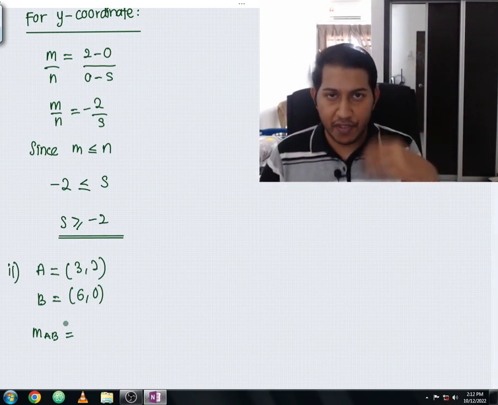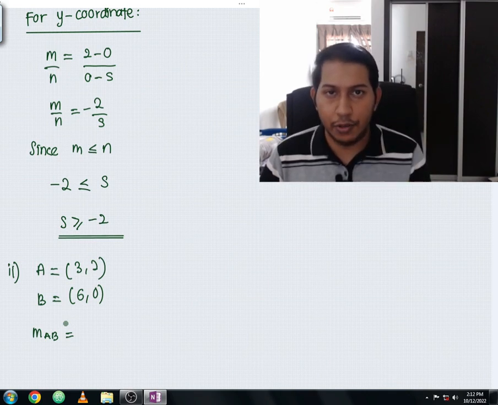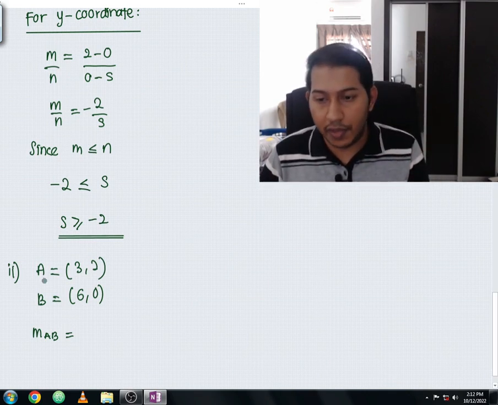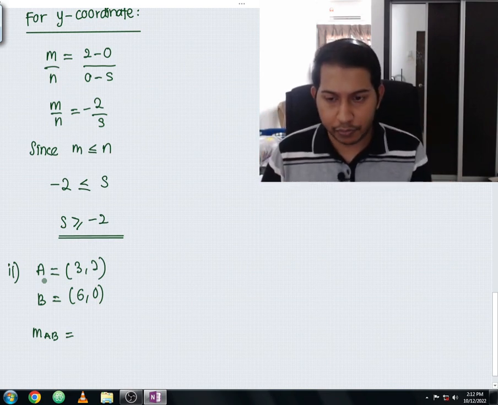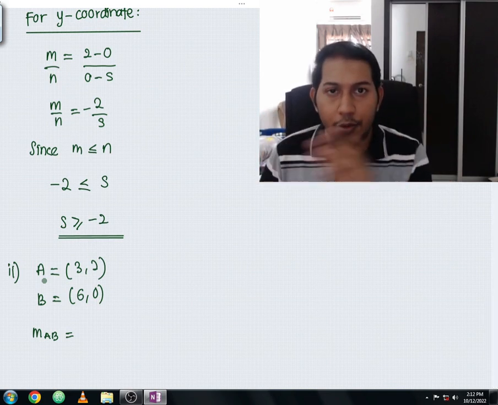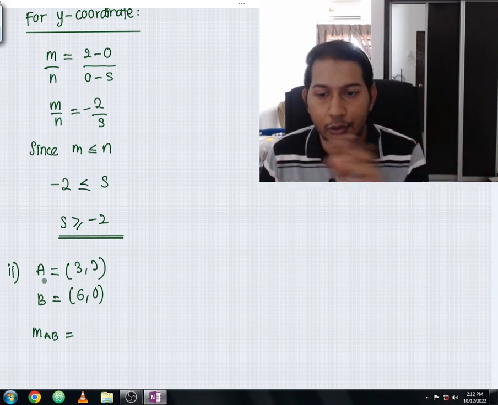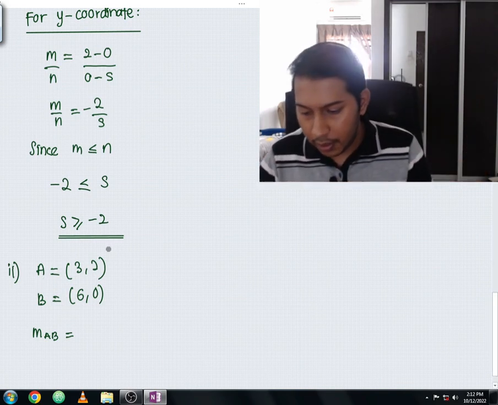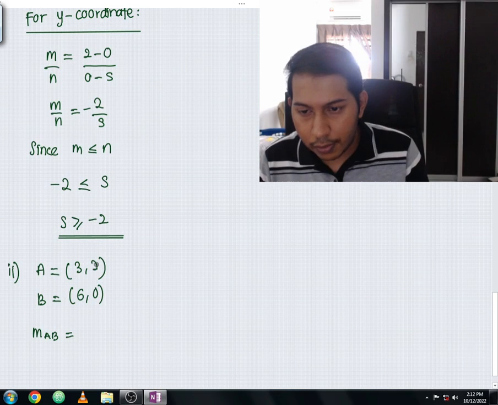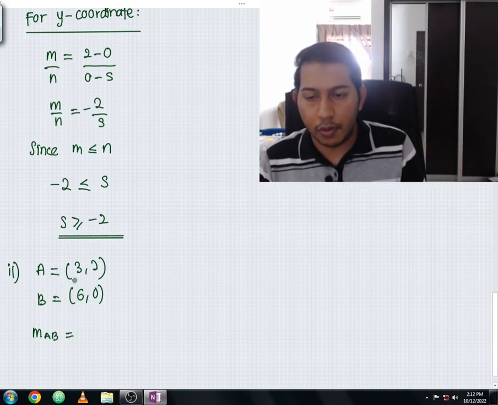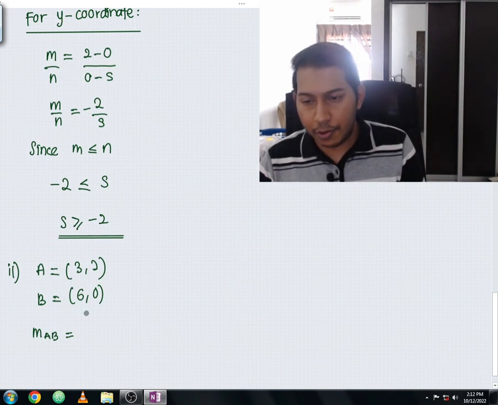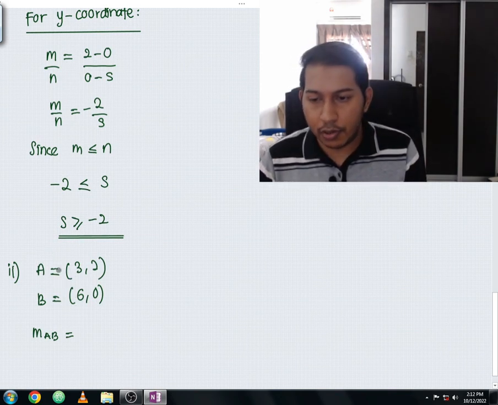So if they have the same gradient, the first step what we need to do is, of course, we need to find the gradient of the AB. That will be our very first step. So how to find the gradient of a straight line? y2 minus y1 divide with x2 minus x1. You can choose point B as y2 or you can choose point A as y2.